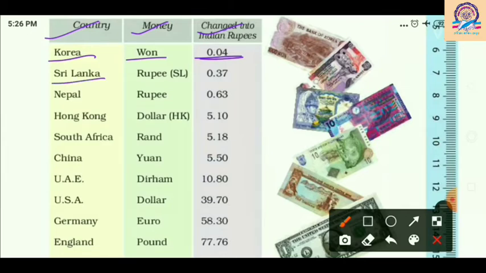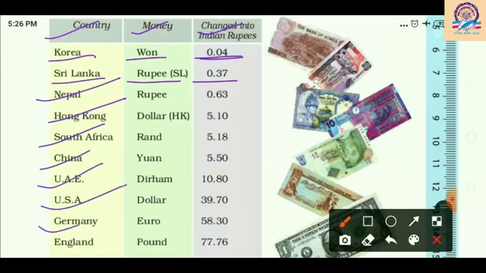Similarly, Sri Lanka: its currency is the Sri Lankan rupee, and 1 Sri Lankan rupee makes 0.37 rupees. Similarly, we have Nepal, Hong Kong, South Africa, China, UAE, USA, Germany, and at last England.